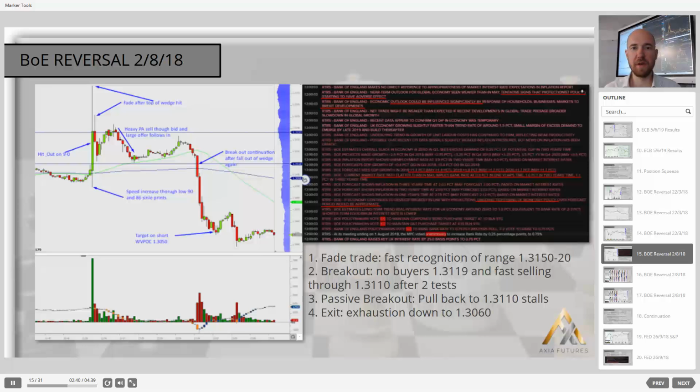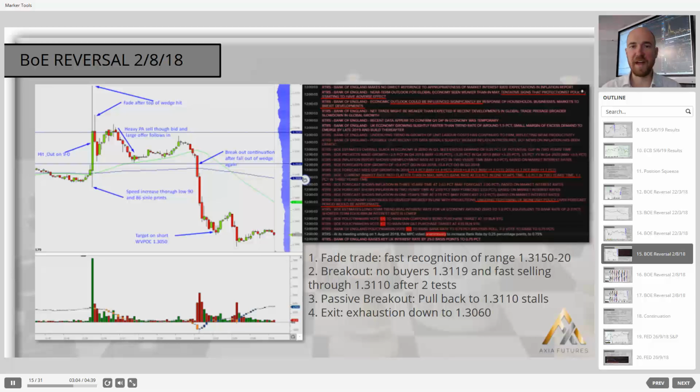It comes a few minutes after the decision. Heavy selling back down once again towards 131.10. So we're seeing that the sellers are willing to take control here. We don't get any movement back up, and so the 131.10 then becomes your access point. We've tested it. By the time the breakout comes, that's been tested twice.